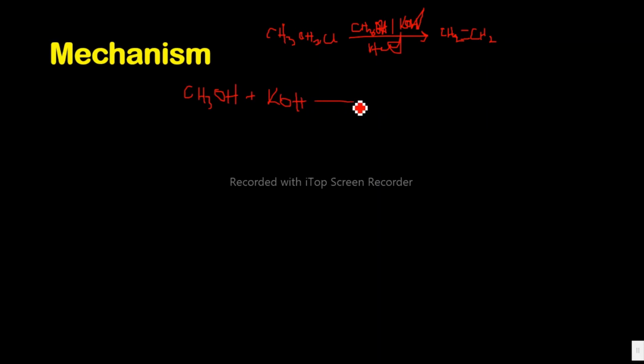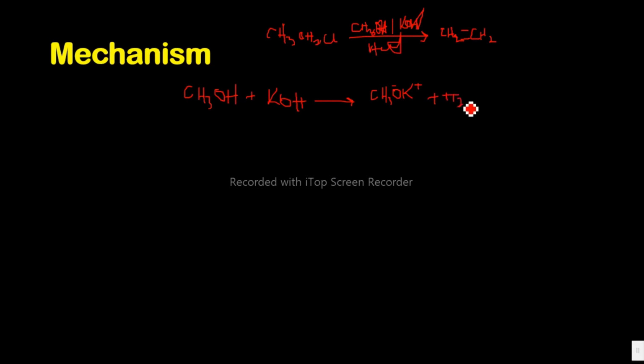So if the two react, they will form potassium methoxide, which is written as CH3, then O, then with a K. And then there must be a plus on potassium and a minus on this oxygen. Plus water.